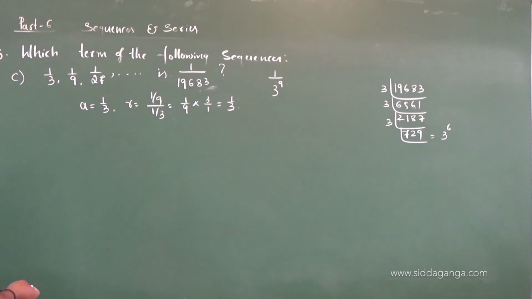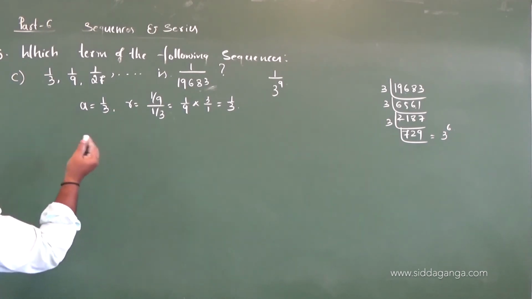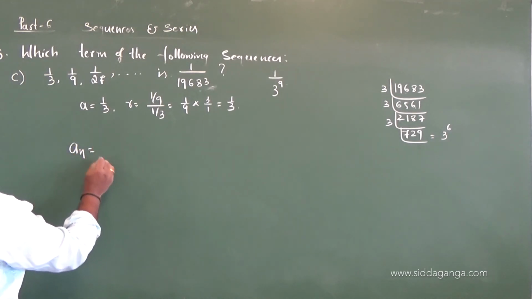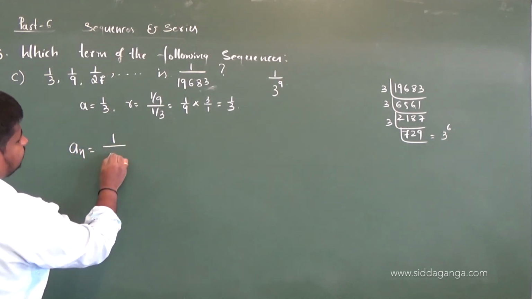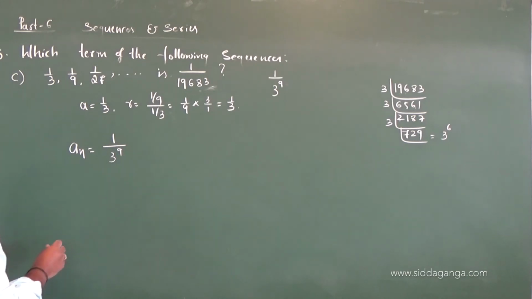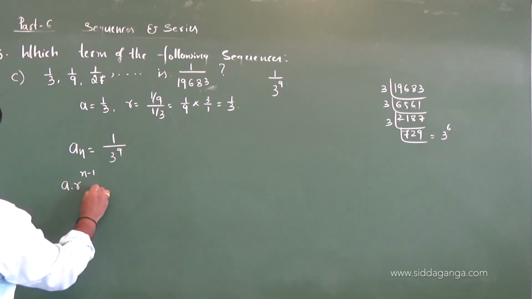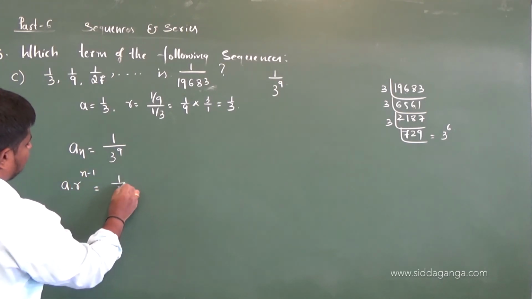Now let me take, this is nth term of the sequence, so AN is equal to 1 by 3 power of 9, right? Or A into R power of n minus 1 is equal to 1 by 3 power of 9. What is A?